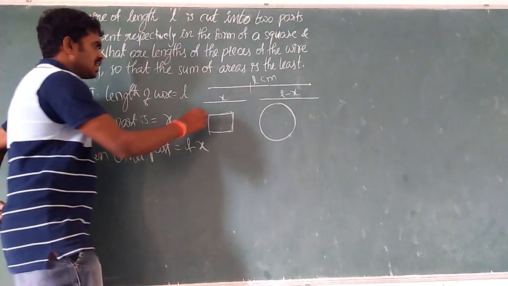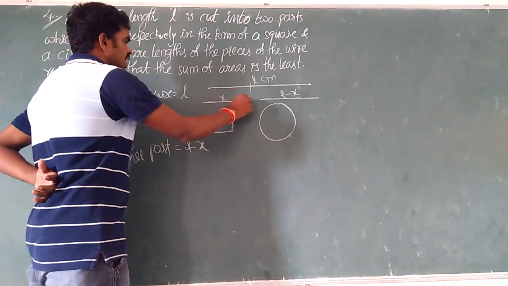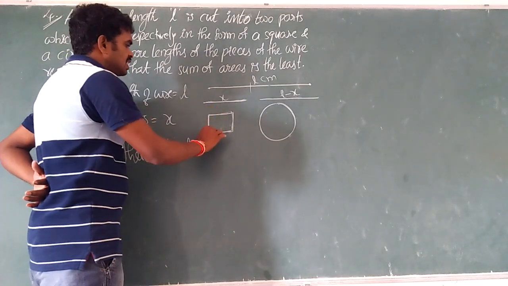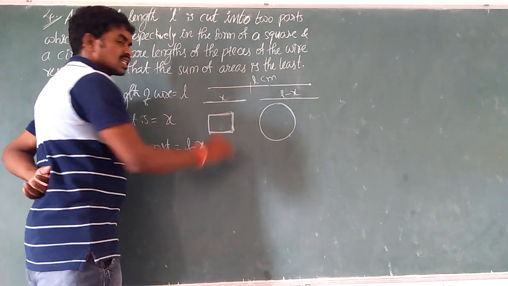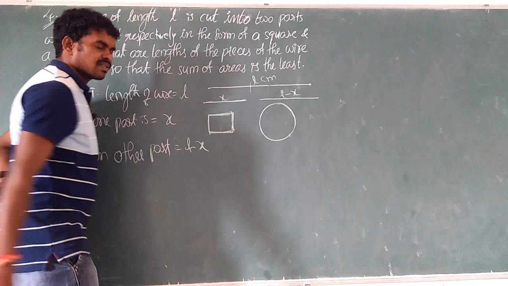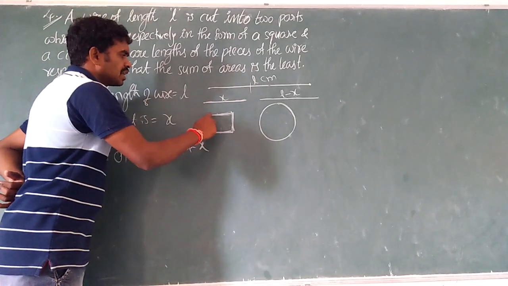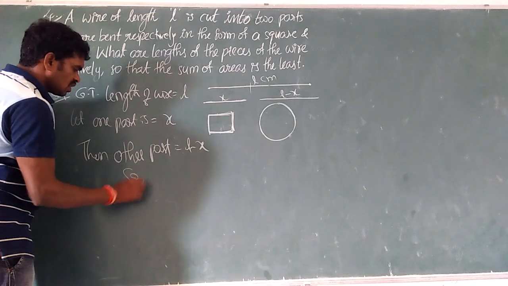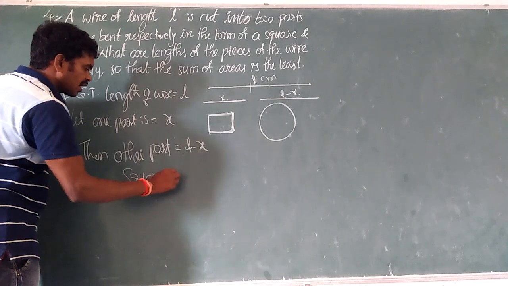With this length x, I bent it into a square, which forms 4 sides.